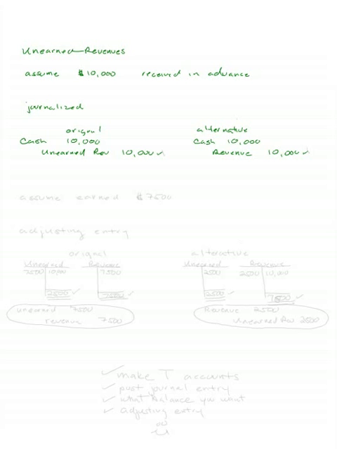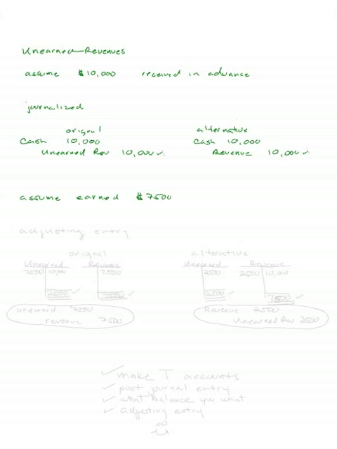Neither of these methods are right or wrong, and they both will require an adjusting entry. They just are the way we recorded it. So now, let's assume for our problem that you have earned, as of the end of the period, $7,500 of this amount.